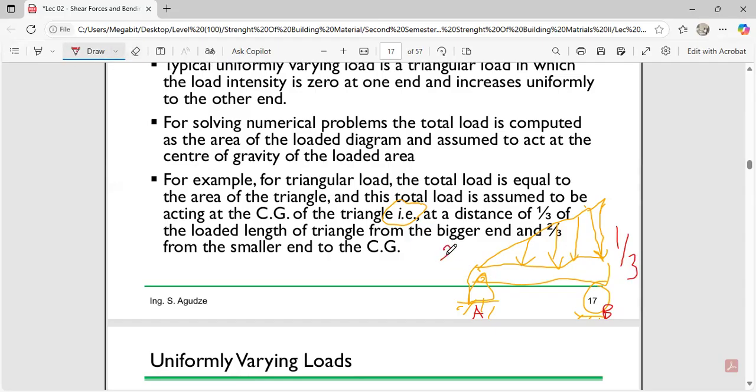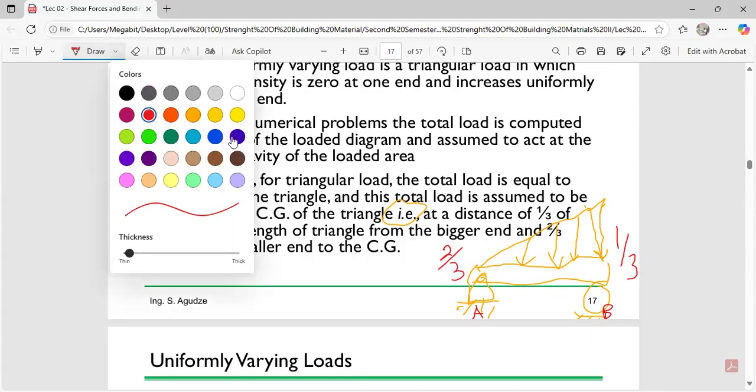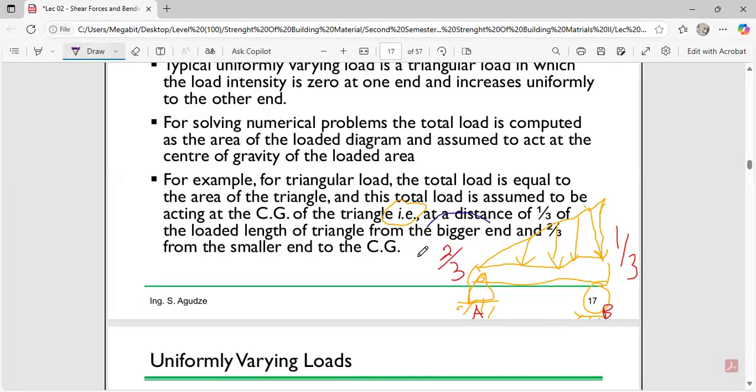So the smaller end is going to be 2/3, then the bigger end is going to be the 1/3. That is if you want to calculate for the position.